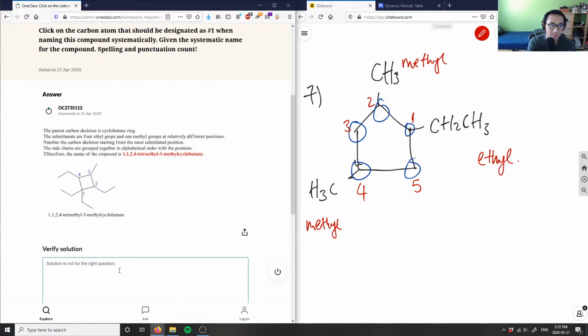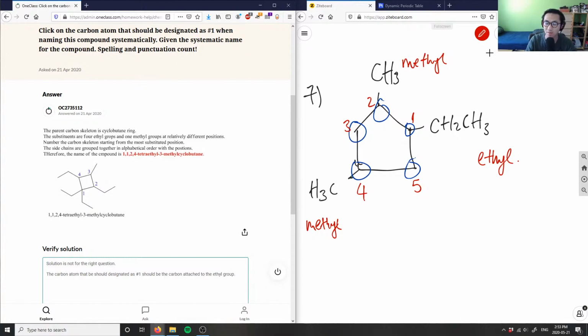So I can say that the carbon atom that should be designated as number 1 should be the carbon attached to the ethyl group. That's it. And then I want to also name this guy, right?